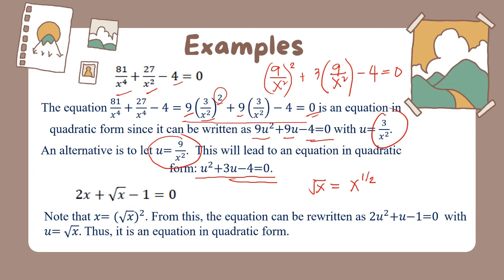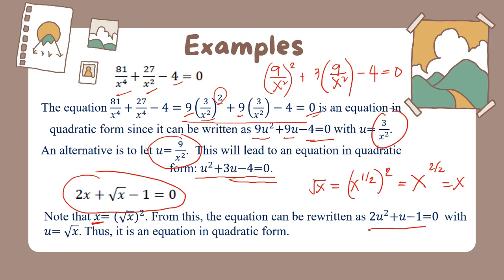Then if we have another exponent 2, then x raised to 2 over 2, which is equal to x raised to 1 half po. So ito na po yung value niya. From this equation, we can write this equation in the form 2u squared plus u minus 1 is equal to 0. Since u is equal to square root of x po.